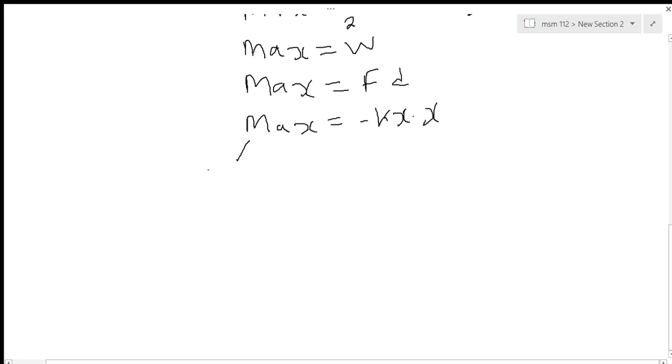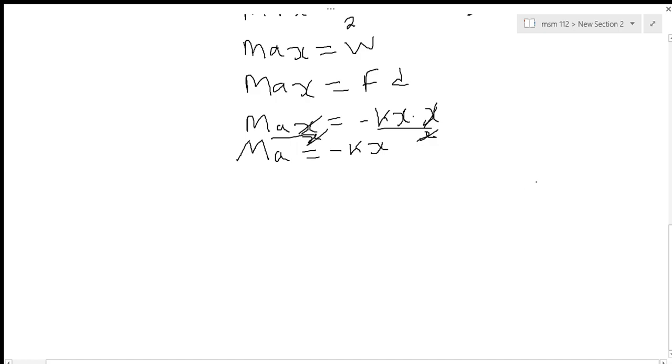Then we can work out this. This will be equal to ma is equal to negative kx, because when we divide this by x, the x will disappear, like this. You remain with this equation here. And from here, that's where you get to understand something. You've got acceleration there, and acceleration is the change in velocity over time.